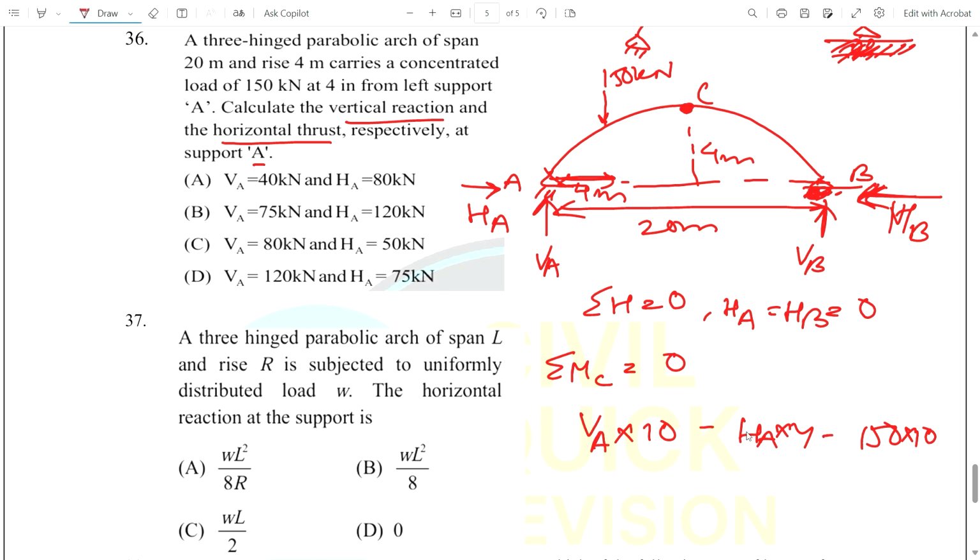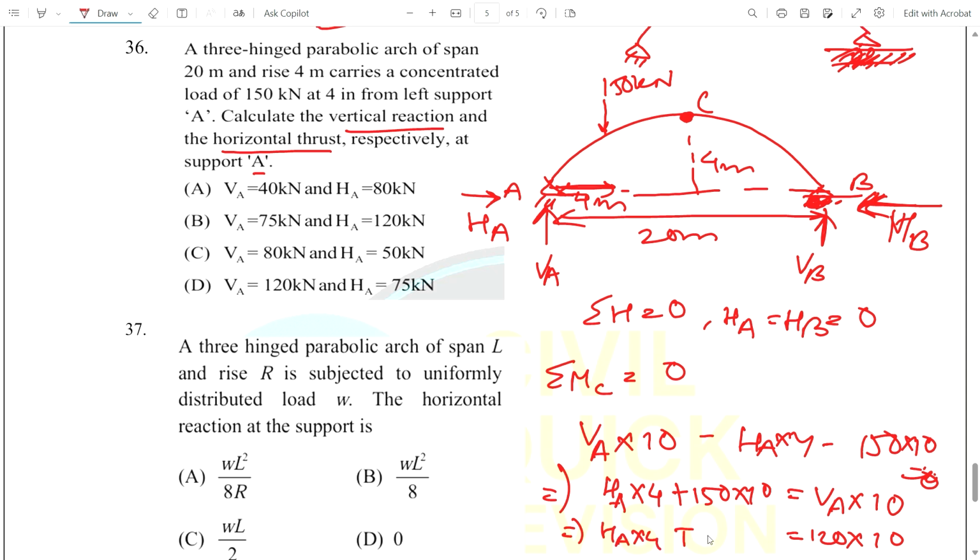As you know, the value of VA is 120, and the moment equation gives HA into 4 plus 150 into 10 equal to VA into 10, that is 120 into 10.